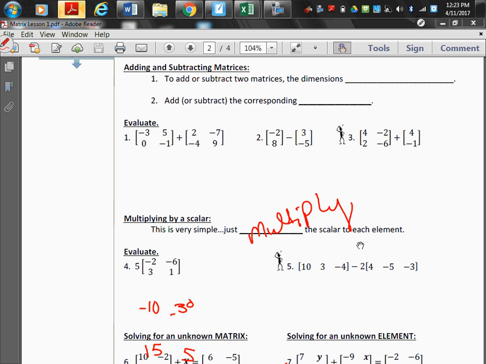You forgot something. Bracket. All right. So you multiply the number that's outside by each element. Each element is multiplied by the scalar. That's it.